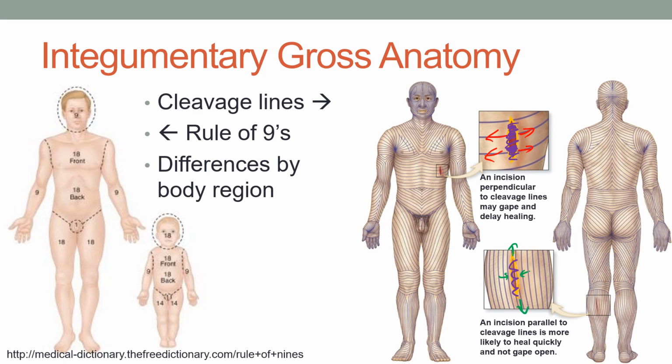So if you look at the person standing sort of in the center of this slide here, if we needed to cut open a part of their body to, say, do an appendectomy, we'd want to cut this way, parallel to the lines of cleavage, so that that wound would naturally close, and we wouldn't have as much of a chance of a scar forming afterwards.